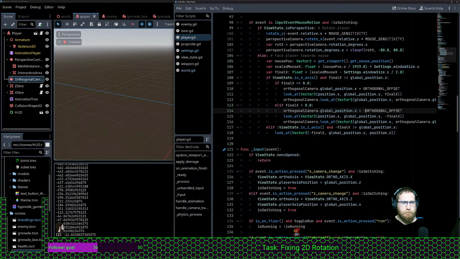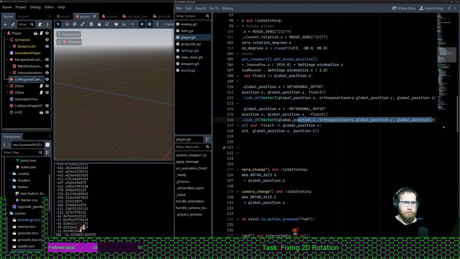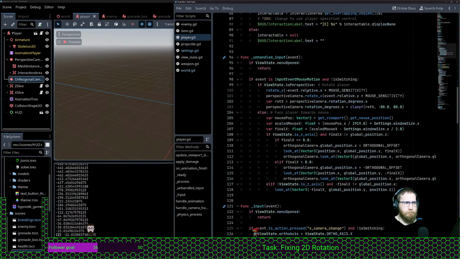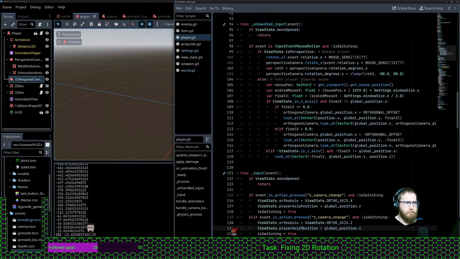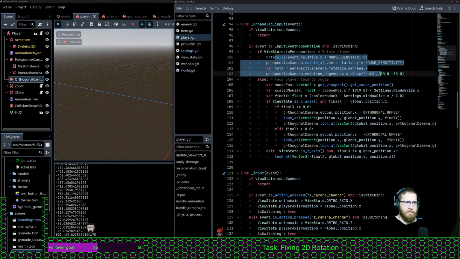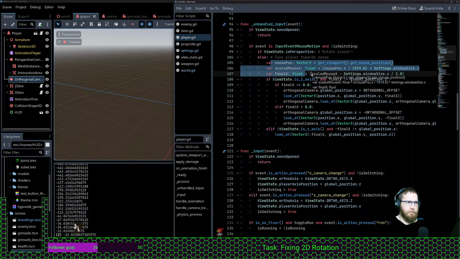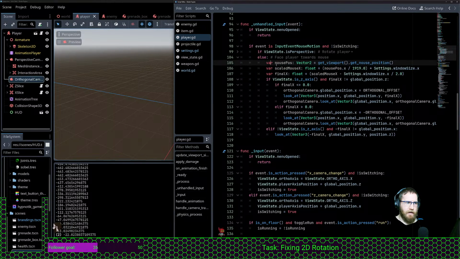Huh. So perspective mode, we rotate the player. That's all fine. Face the player towards the mouse, which these values are all coming out correct now. Really need to buy a new mouse if that left mouse button's going to keep releasing randomly on me.